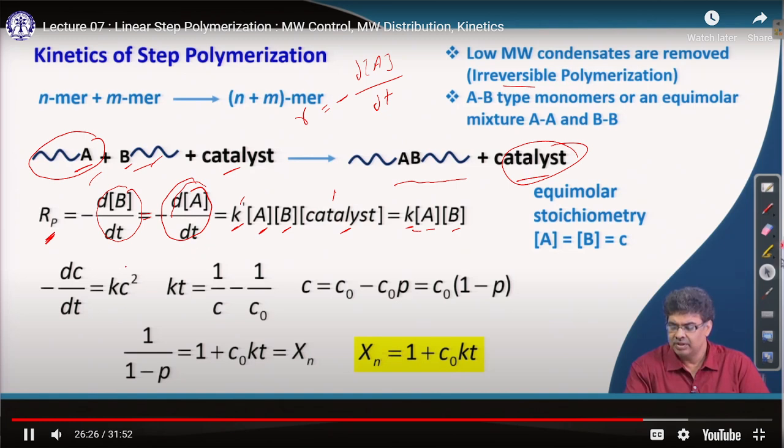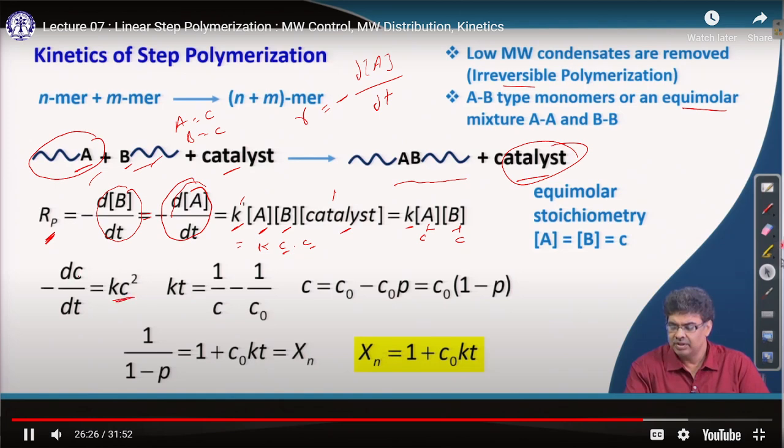Since it is equimolar, A has concentration C and B also has concentration C, so in place of this you can put K times C times C, that is, 2 times C, so Kc square.